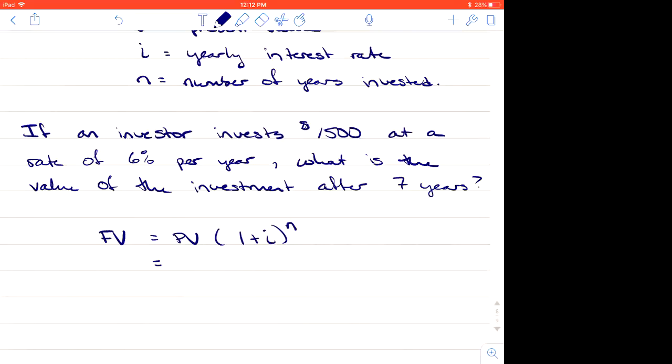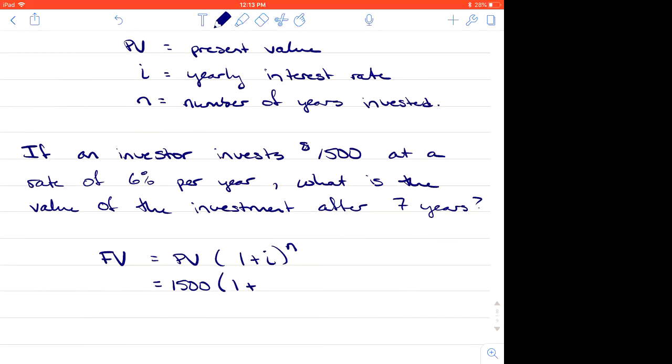So that's going to be your present value, 1,500. That's your present value. Okay. Multiply that by 1 plus the interest rate. I remember we said was the yearly interest rate. It's 6% per year. Okay.